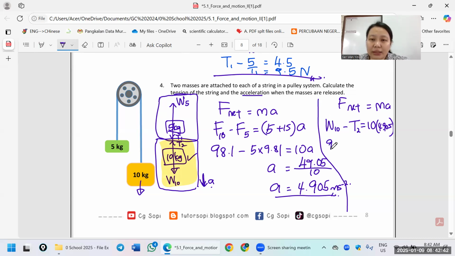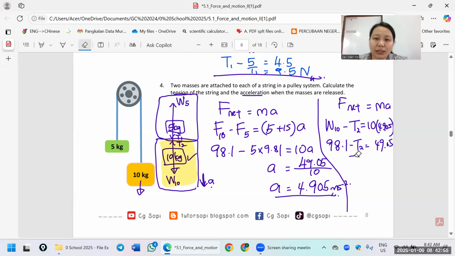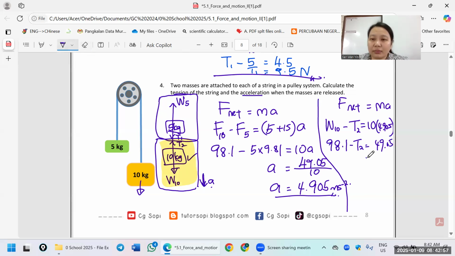So it will be 98.1 minus T2 equals to 49.05. So for the answer T2, you move the negative here to here and it becomes positive. You move the positive here to here and it becomes negative lah.